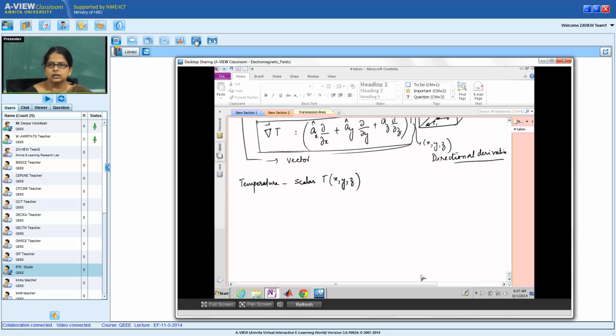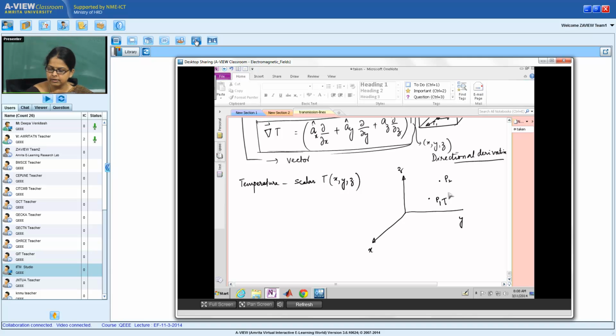So let's consider this vector space, or a three-dimensional space x, y, z. We are considering a point P1. Now you want to know what is the temperature at the point P2.